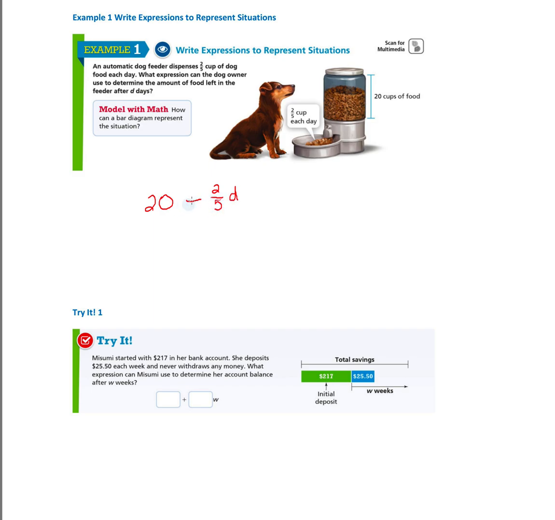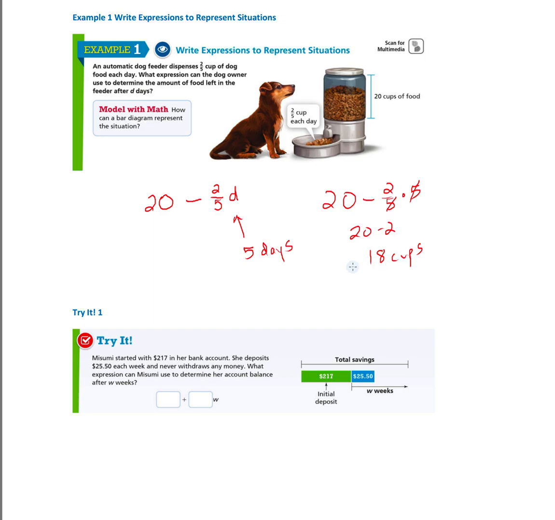And so this is just going to be 20 minus 2, which would be 18. So if we put 5 in there and then calculated 20 minus 2/5 times 5, as I mentioned, the 5s will cancel. So this is just going to be 20 minus 2, which will be 18 cups left.